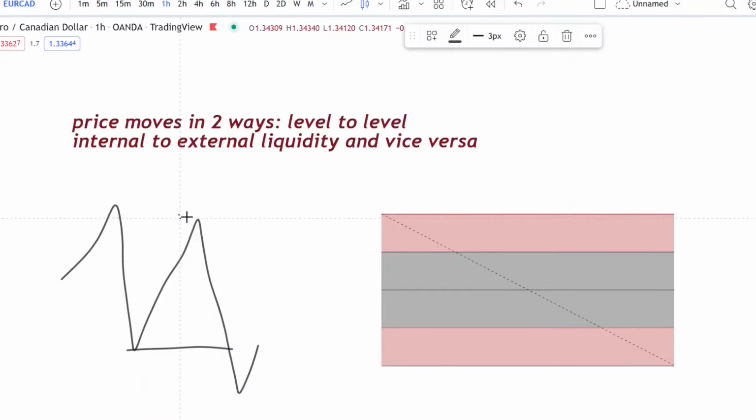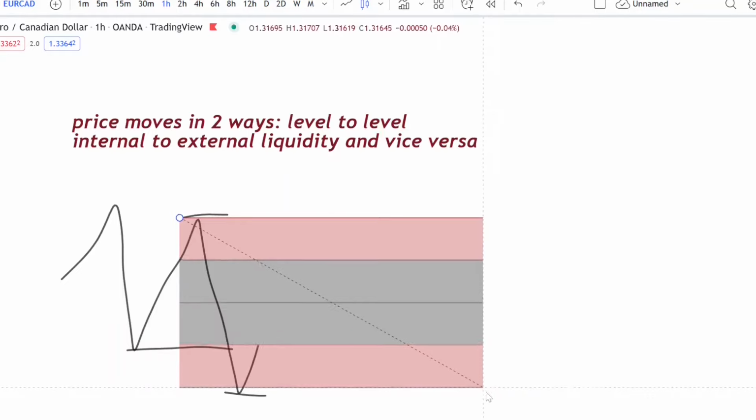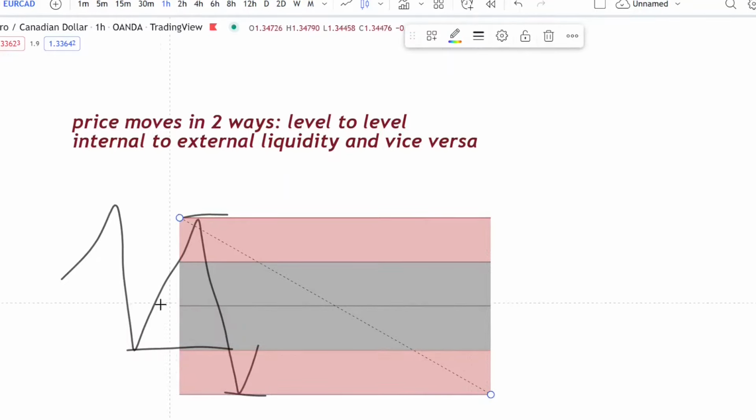This is our last high, and now this is our low. So you're in a seller's market. How do you gauge this? This is premium. This is discount.